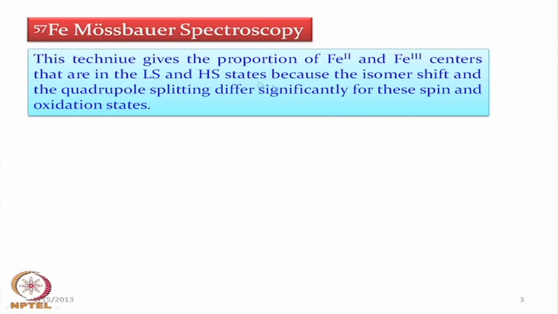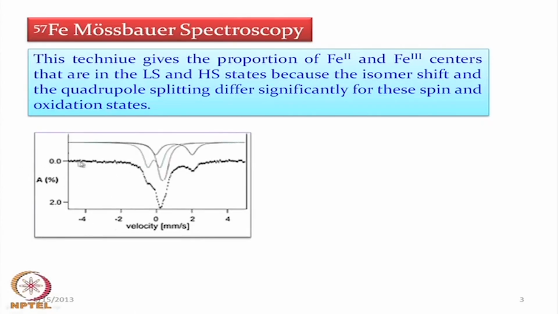In all four species the isomer shift and quadrupole splitting are the two valuable parameters to judge a particular Mossbauer spectrum. These values tell us immediately whether the center is in the high spin or the low spin state. Therefore, this spectroscopy is also helpful in identifying spin crossover or the spin state equilibrium situation.